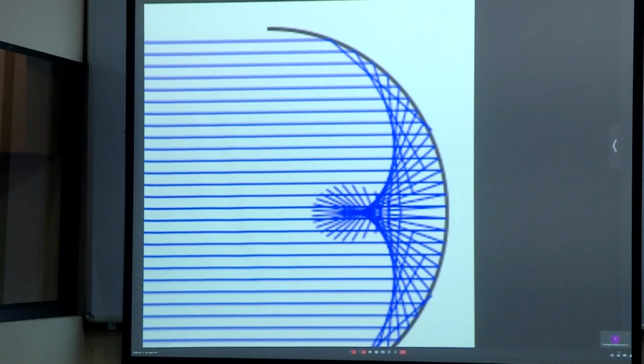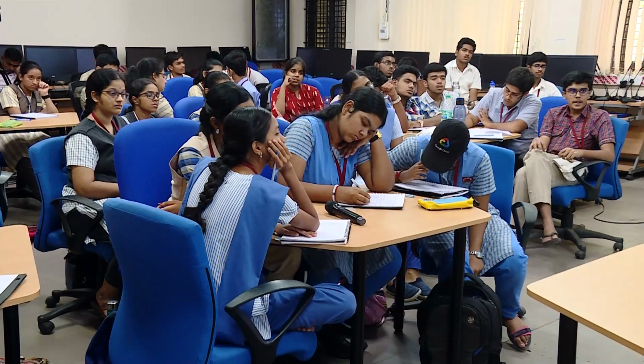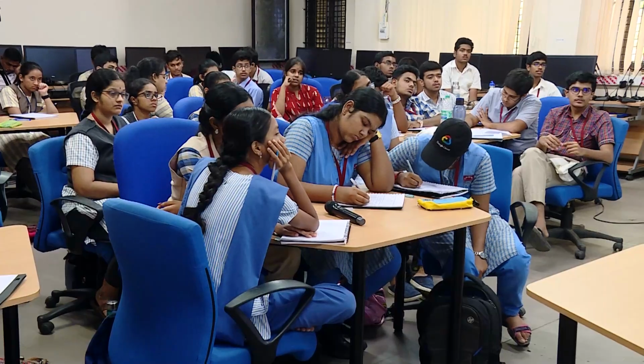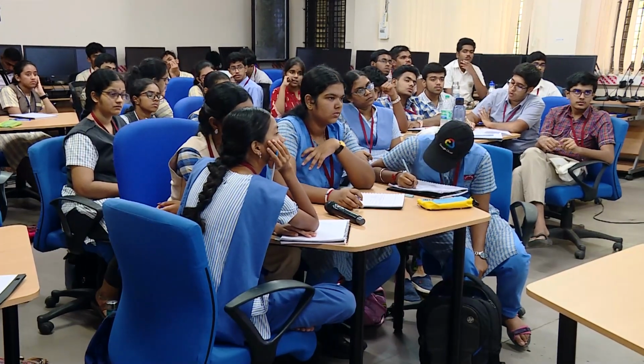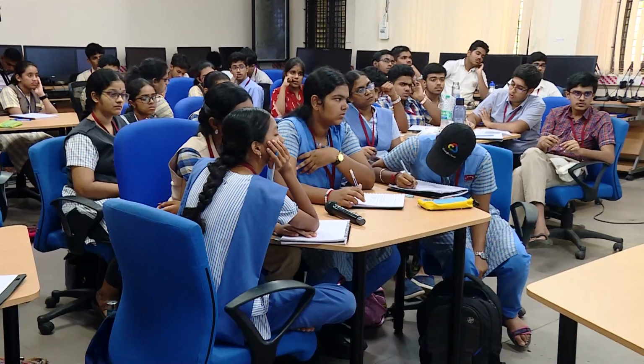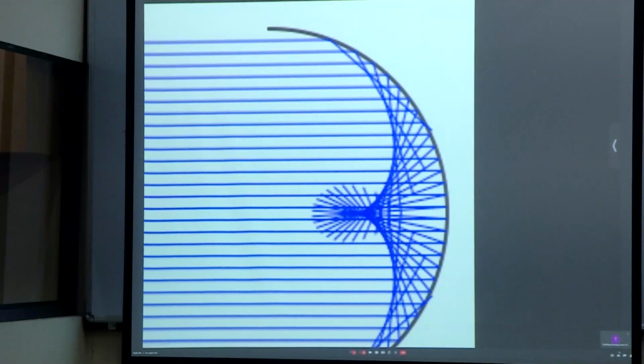Now these refracted rays, you are refracting in space. So what you will get is the envelope of a family of rays in space, which will be a surface. It will not be a curve. In the plane case you will get a curve, but in space you will get a surface actually.